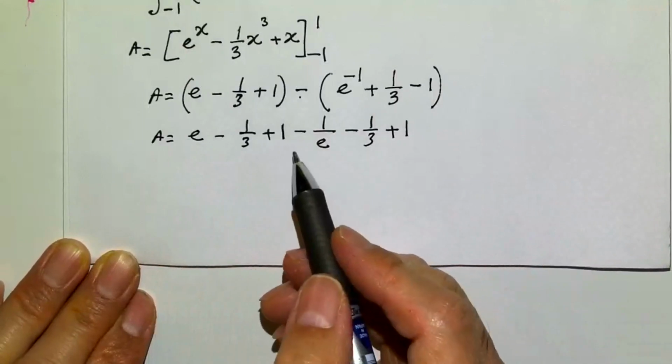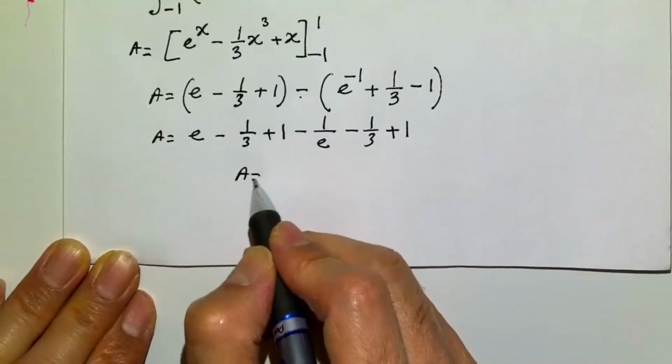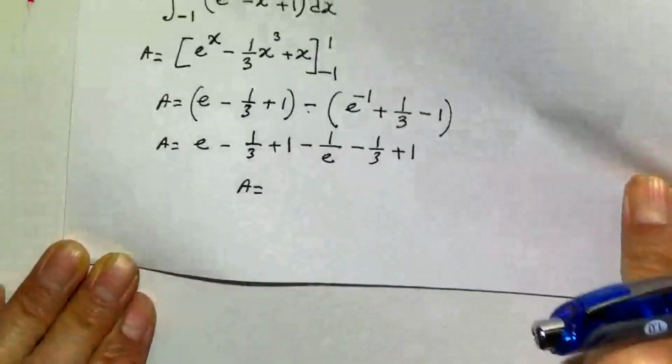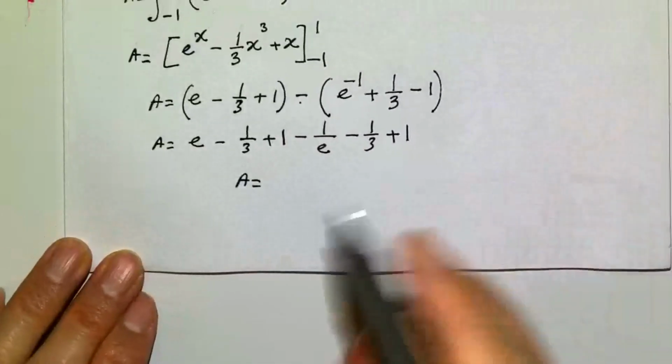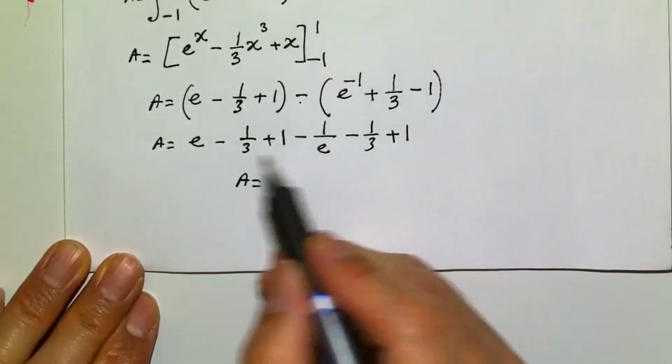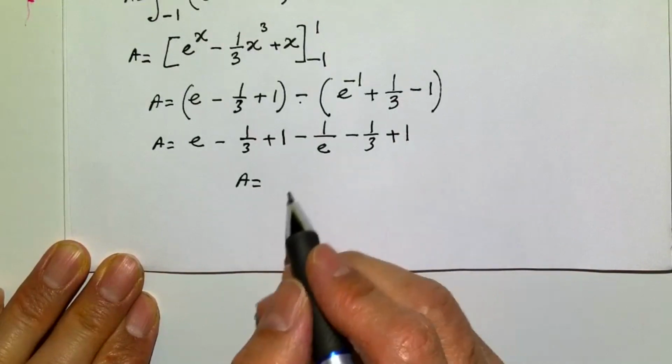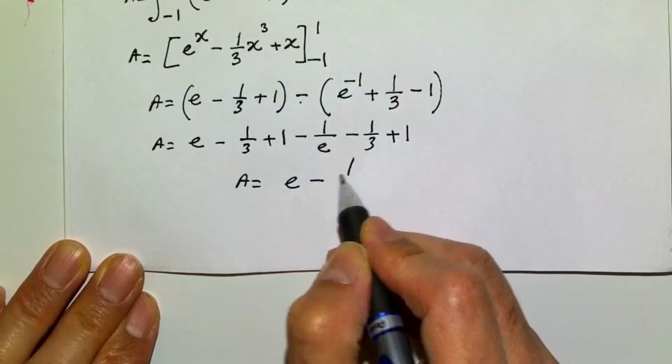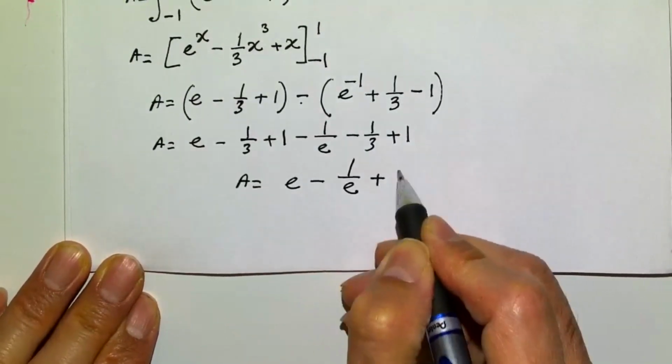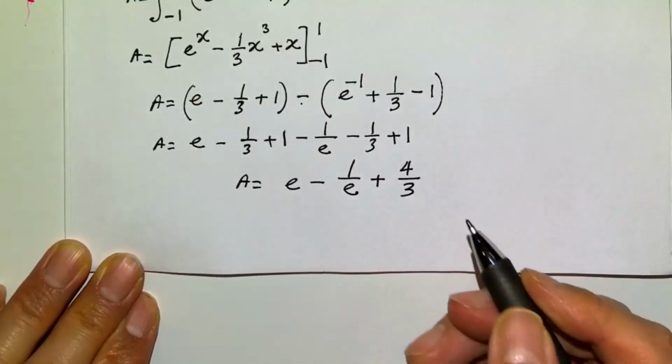If you do all the algebra here, this is the expression you should get. Please don't take my word for it, and see if you get this. If you do this on your own, you should get e minus 1 over e plus 4 over 3.